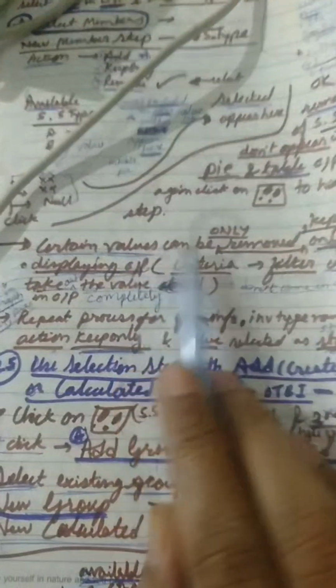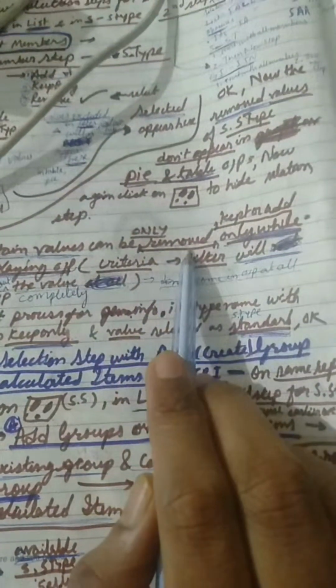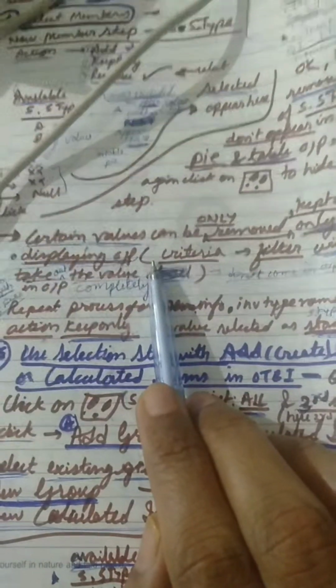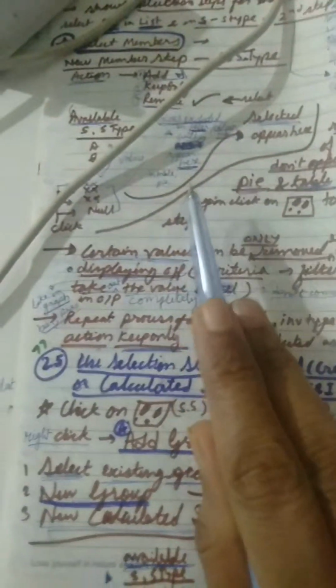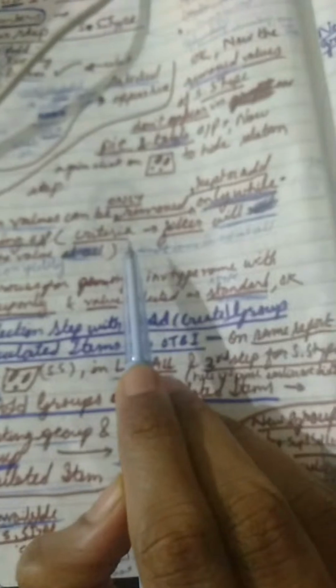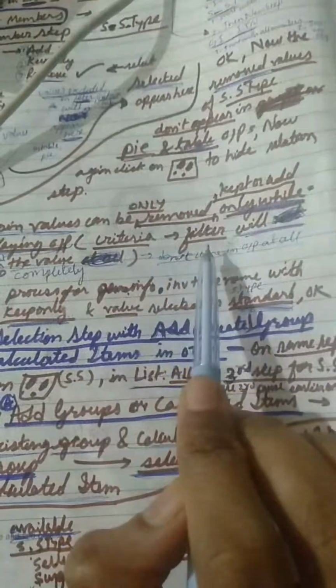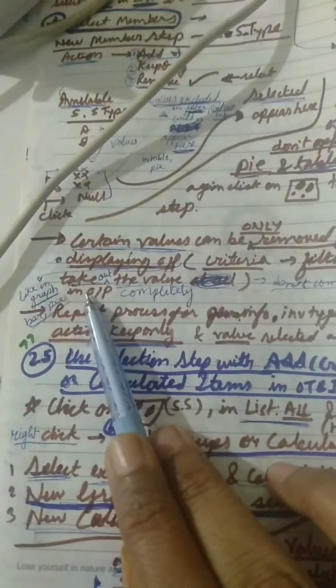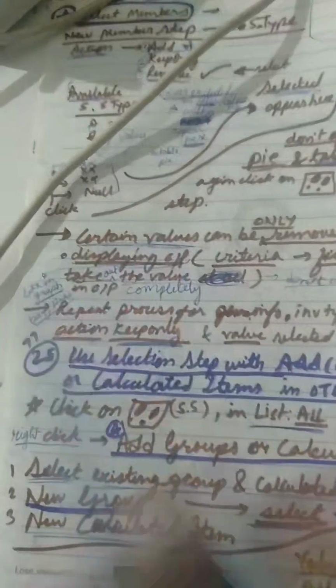Whereas if I want certain values to be removed, kept or added only while displaying the output, then I'll be using the selection step. Otherwise, if I use a filter in the criteria type, then these values will be completely taken out.